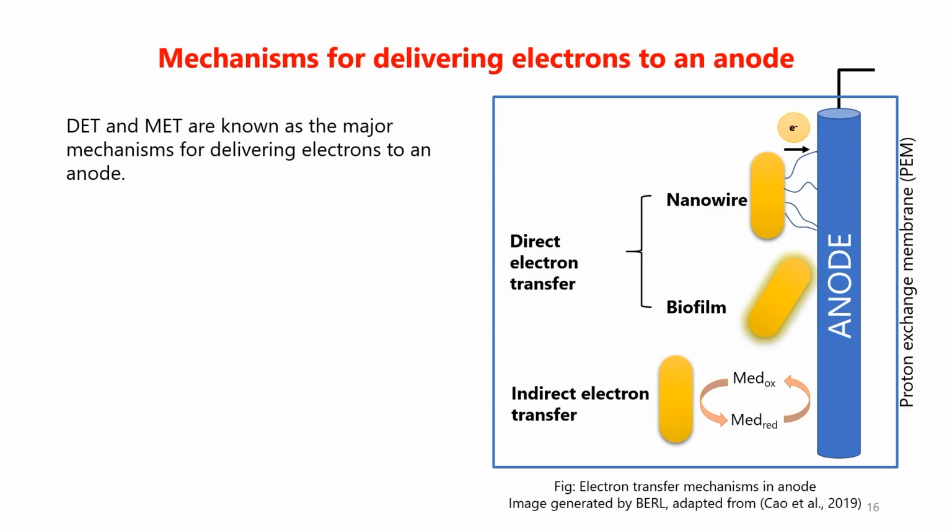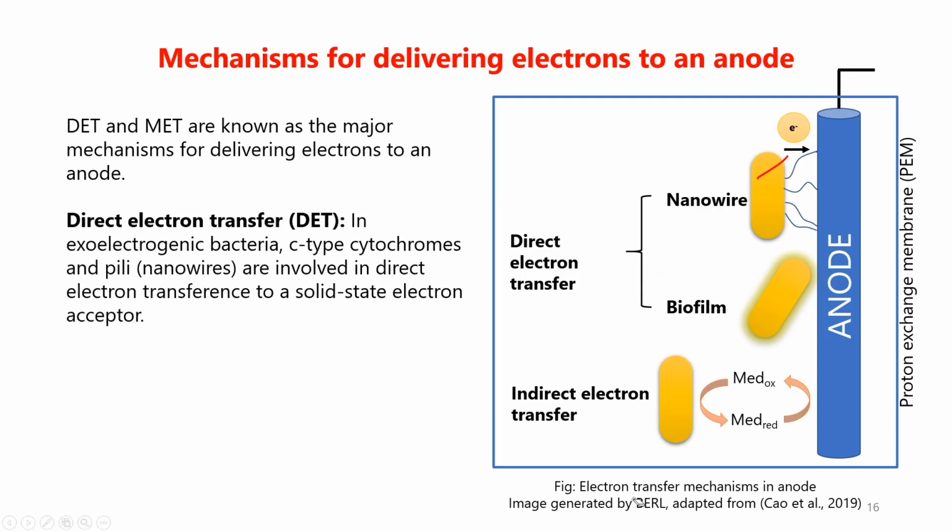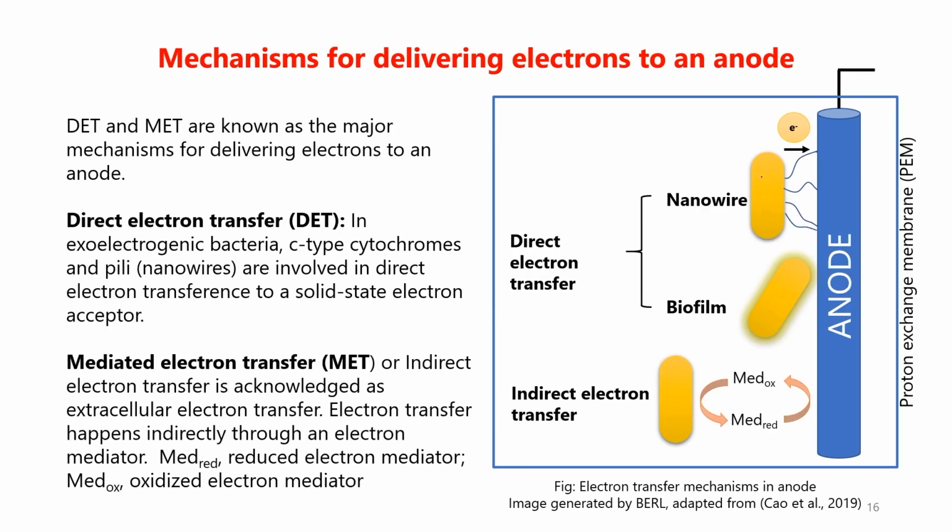So, here we can see a bacteria which goes for the formation of a biofilm, and in direct electron transfer, exoelectrogenic bacteria, C-type cytochromes and pili, which we call the nanowires, are involved in direct electron transfer to a solid state electron acceptor. So, the electron is getting transferred through these nanowires or the pili.